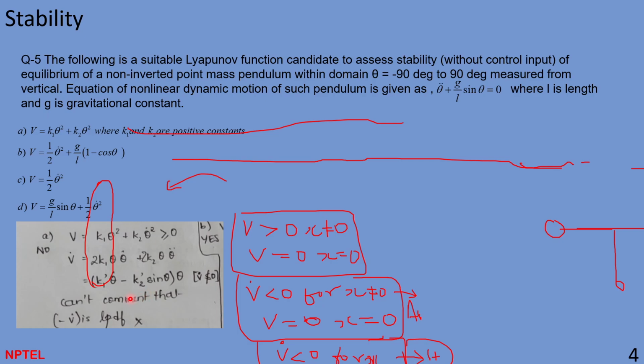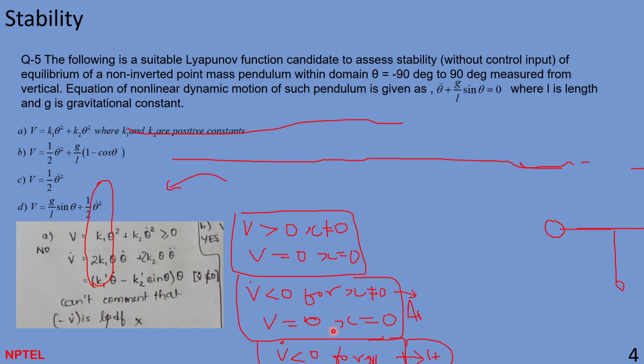If you see this, there is k1 theta theta dot, there is k2 sine theta, and then theta dot. So there are a lot of theta terms, and you can't comment on it. Basically, it can be negative, it can be positive. Let's say for sine theta equal to 0, it will be 0.